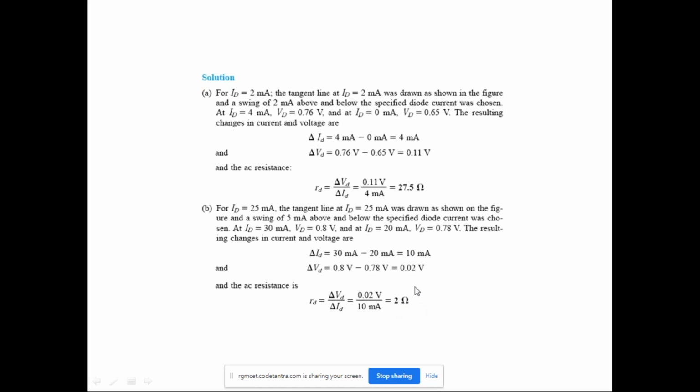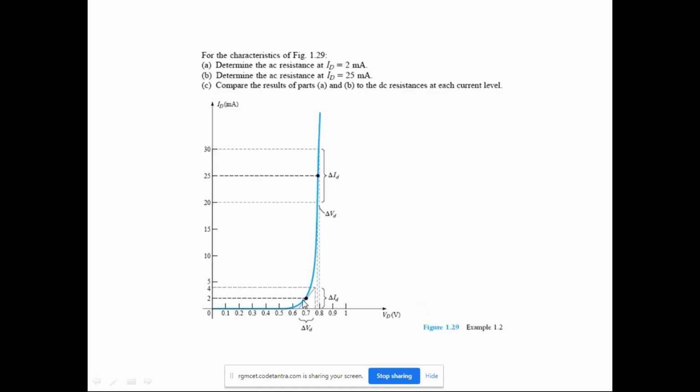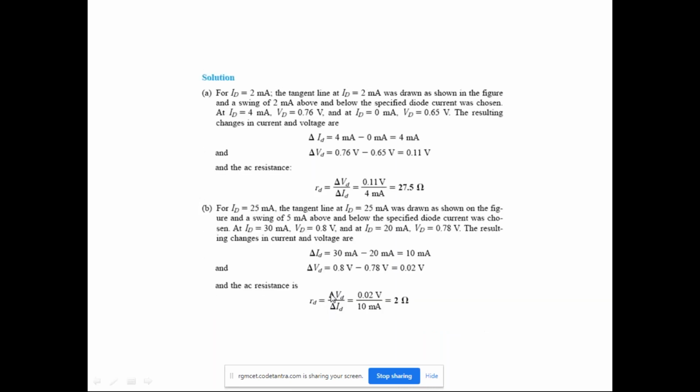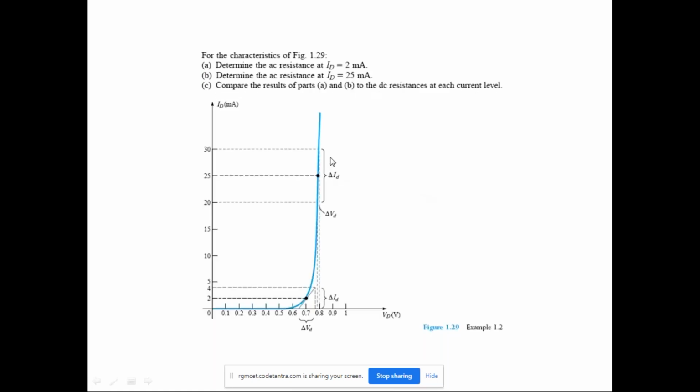Now what do we compare here? At the 2 milliampere operating point, the diode has just entered forward bias, and the dynamic resistance is 27.5 ohms. Once the diode is operated completely in forward bias, at the 25 milliamperes operating point, when we draw the tangent line, the vertical change is large and the x-axis change is almost very small.